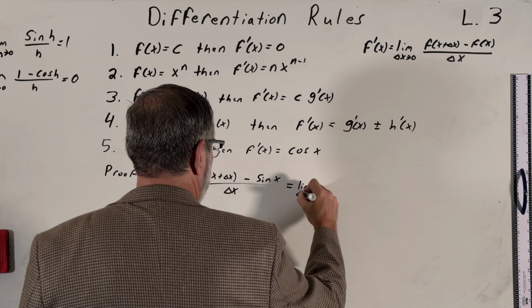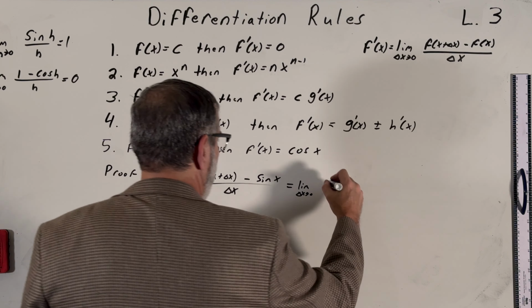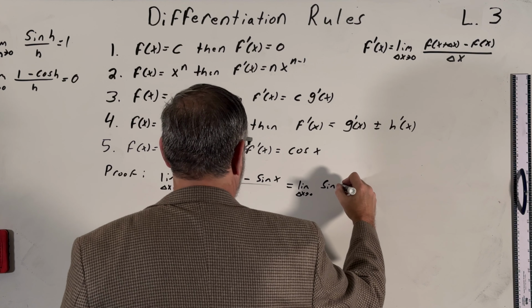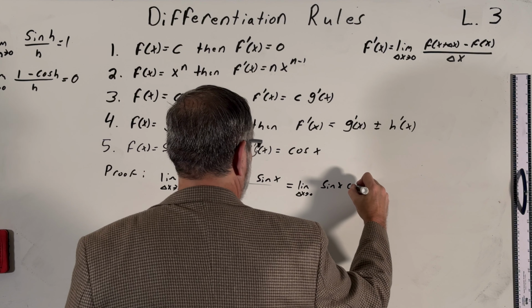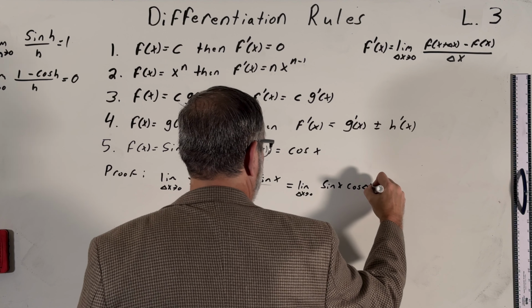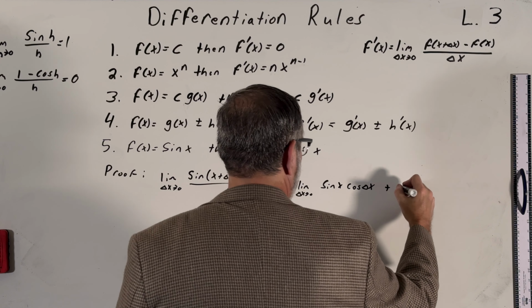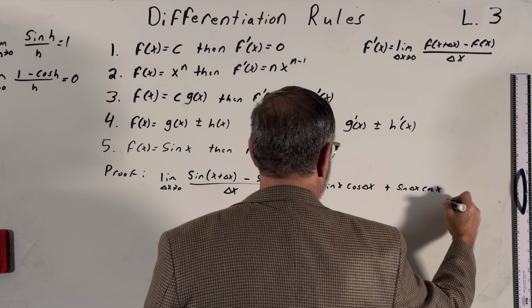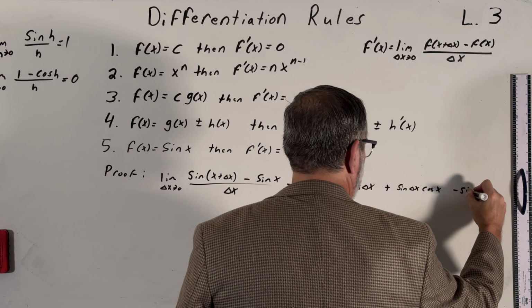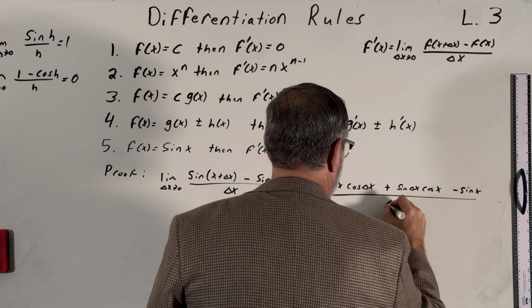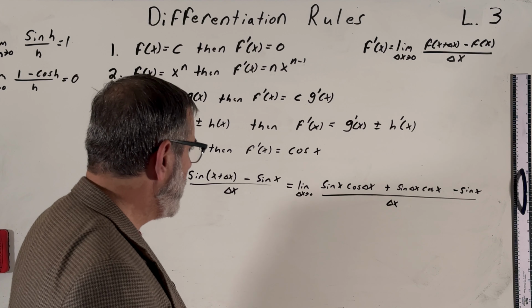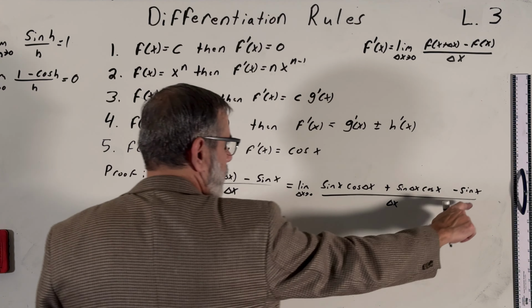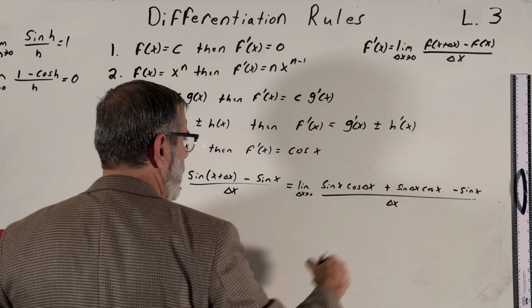The limit as delta x approaches 0 of the sine of x times the cosine of delta x plus the sine of delta x times the cosine of x minus the sine of x, all divided by delta x. And what I want to do now is move this minus sine x over here.